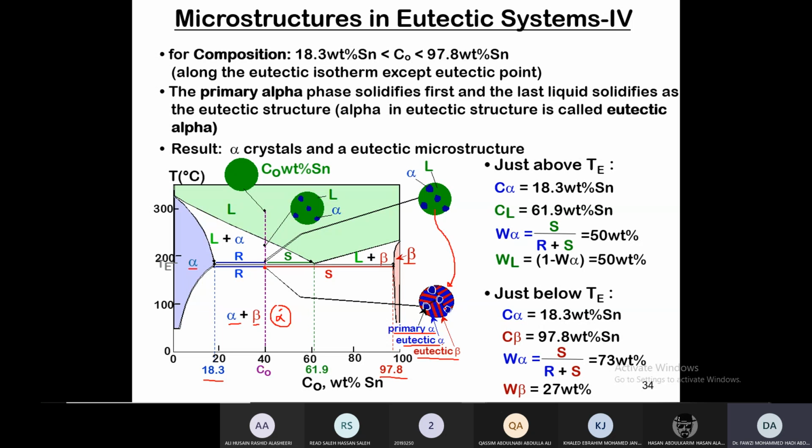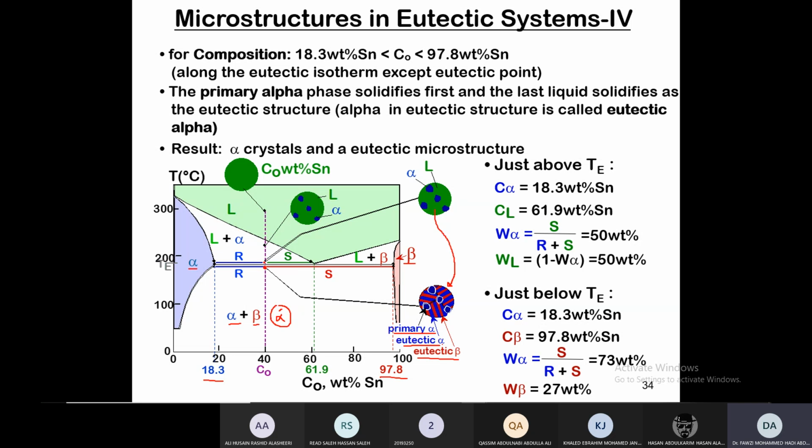In order to find the proportions there, we need to first of all find the proportion of the alpha prime, because it forms above the eutectic isotherm. So it's easy when there are only two parts, that we have a liquid and we have the alpha. So it's easier here to find their proportions.